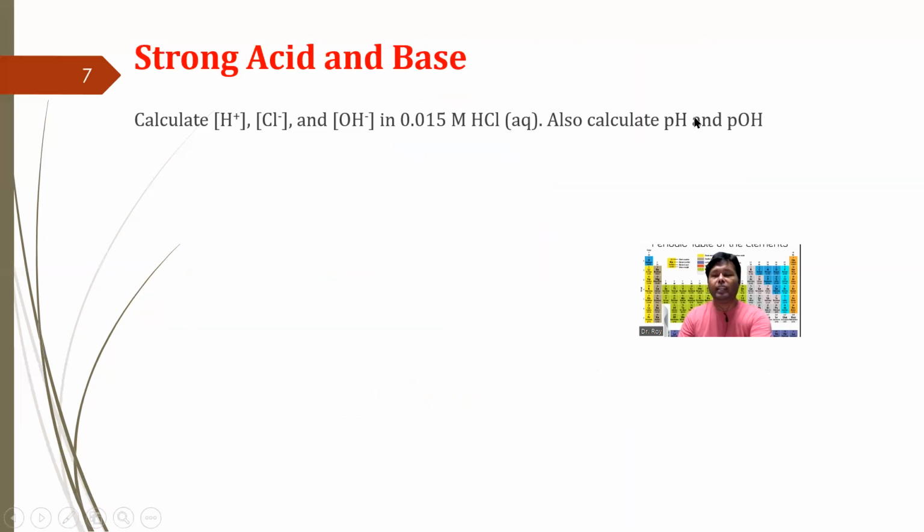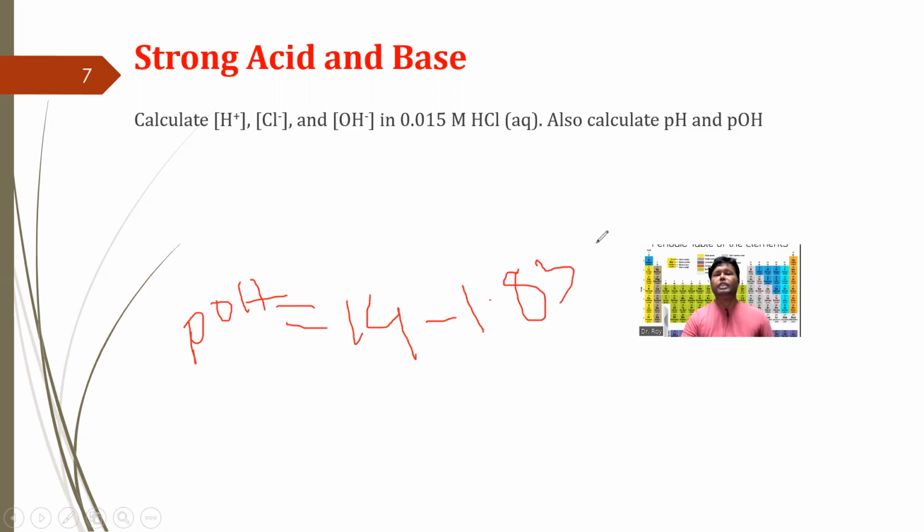Right now we have found pH equal to 1.823. So if you want to find the value of pOH, you can just subtract from 14. So pOH should be equal to 14 minus 1.823. That is very simple. In that way, you can find out the value of pH and pOH.